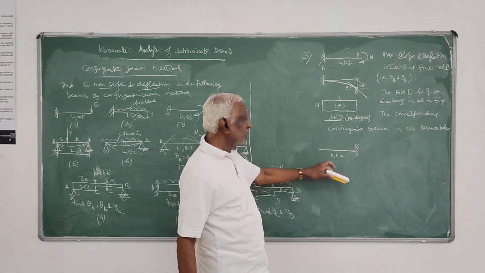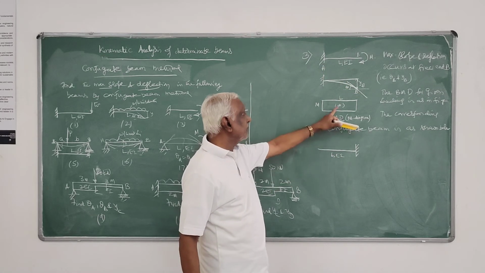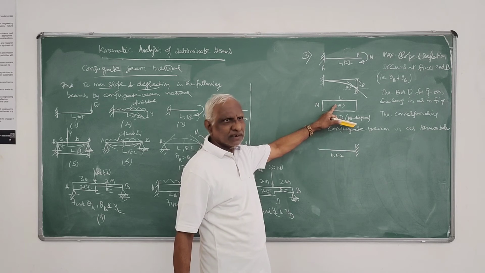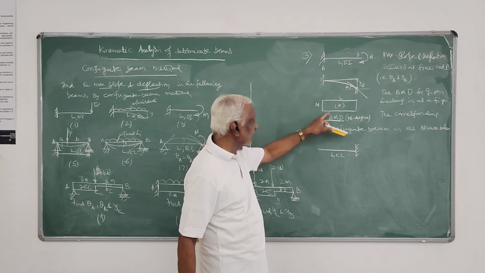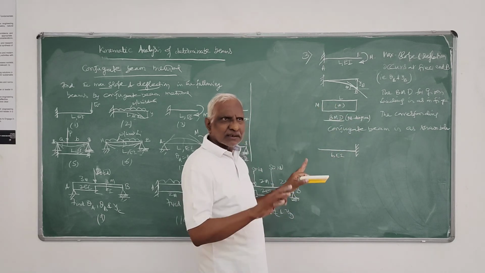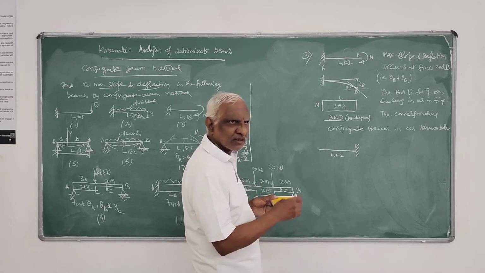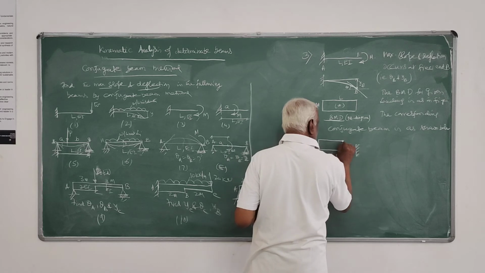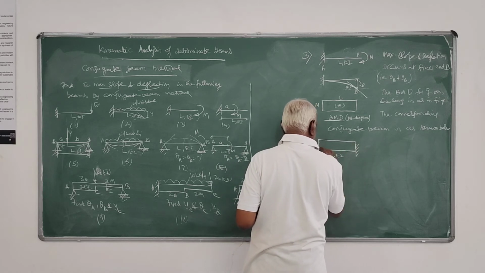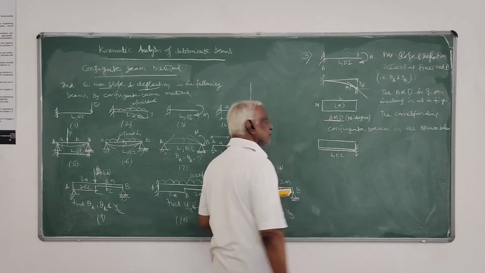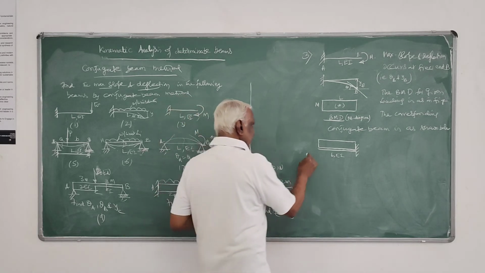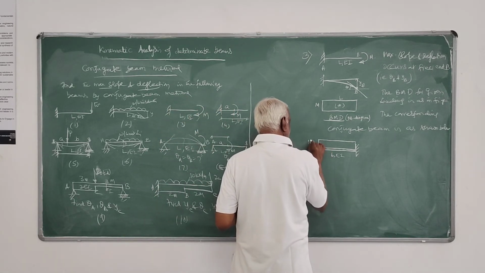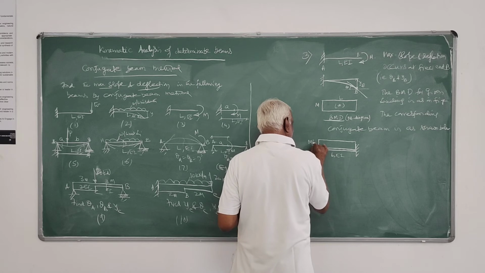The load on the real beam is given, but the loading on this conjugate beam will be M divided by EI. Each ordinate of the M diagram, you divide by the corresponding EI for that location. So this is the M diagram, and the loading will be M divided by EI.